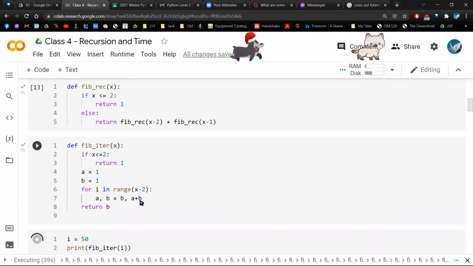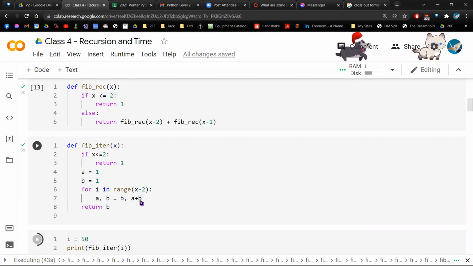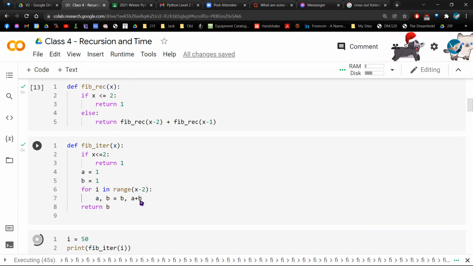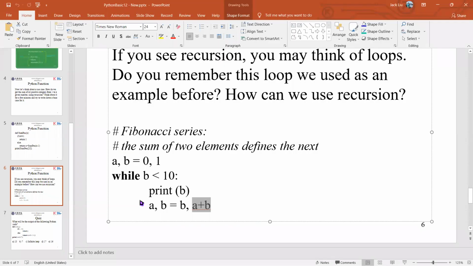Anything you can do with loops, you can do with recursion, and anything you can do with recursion, you can do with loops, in theory. In practice, it's not always practical to solve a problem in a certain way. And that's why you want both. So that's really the important thing for today's class, just introducing recursive functions.